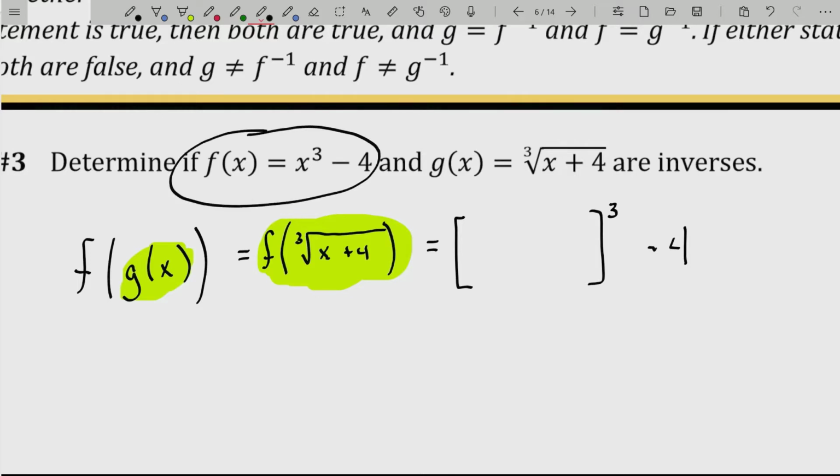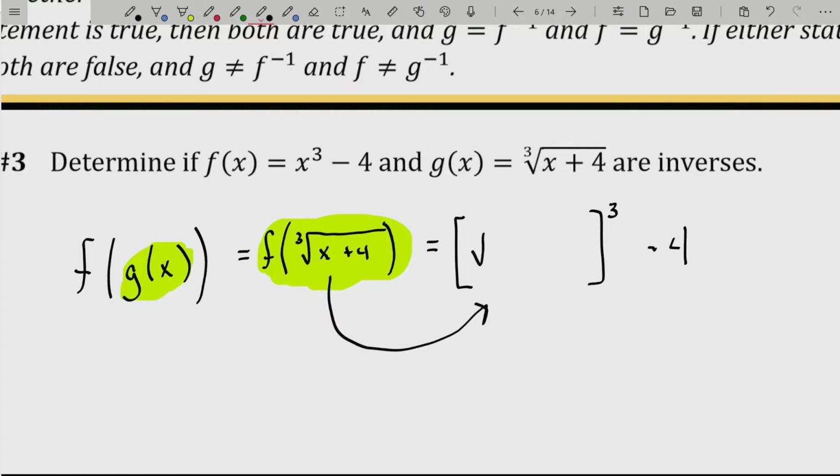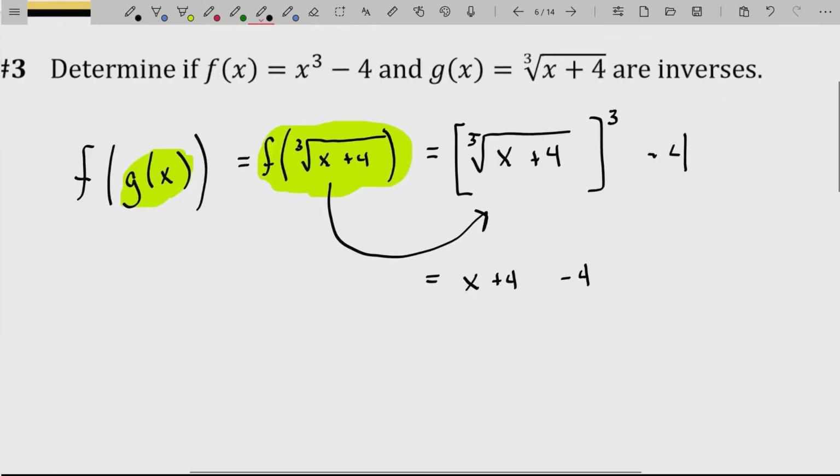That's what f is defined to be. What is the picture? That thing right there that we're plugging in. It's the cube root of x plus 4. The cube root of a picture raised to the third power, well, we all know that's just going to be x plus 4 to the first, and then minus 4. The 4's cancel, and you get x.